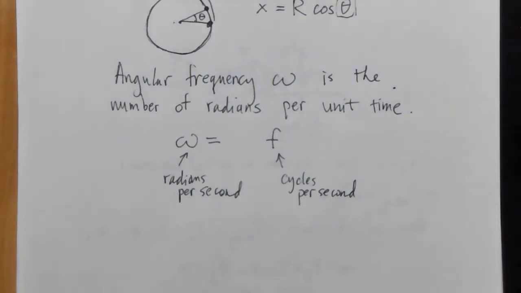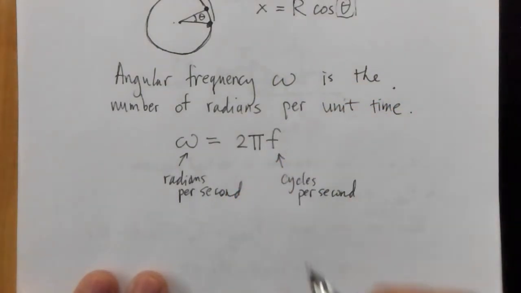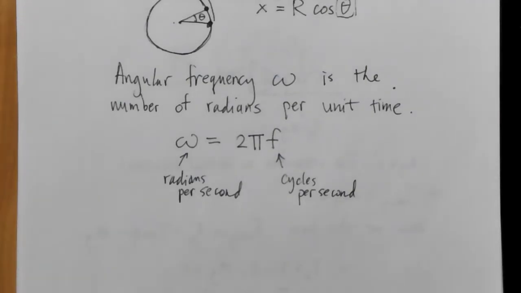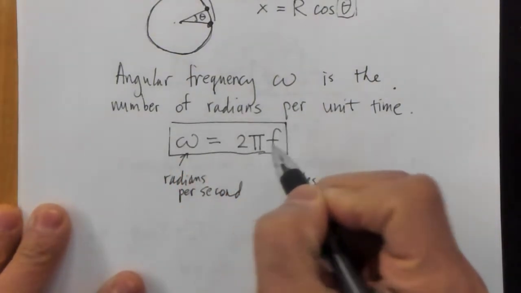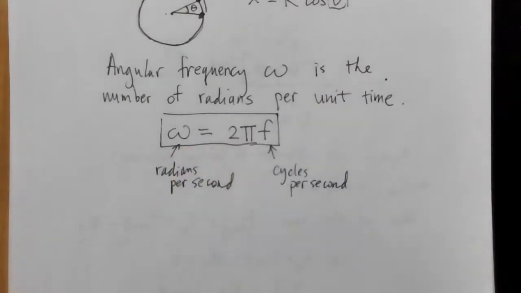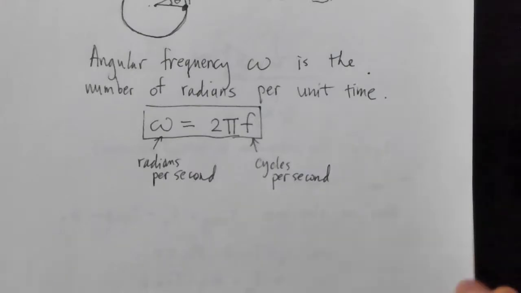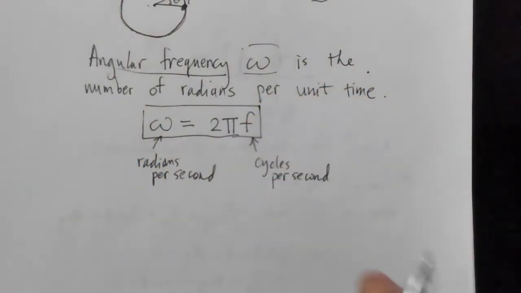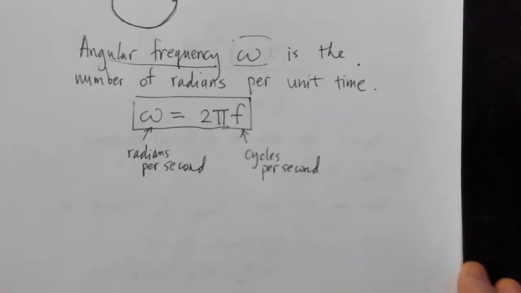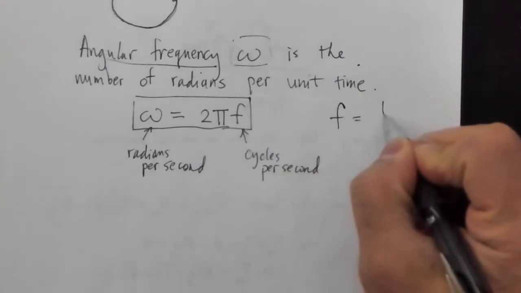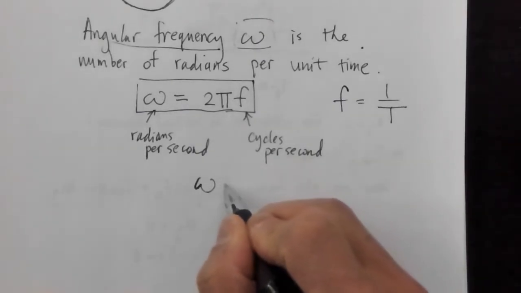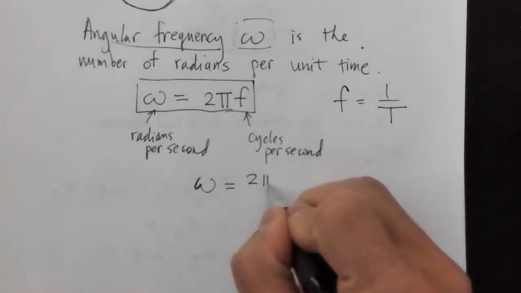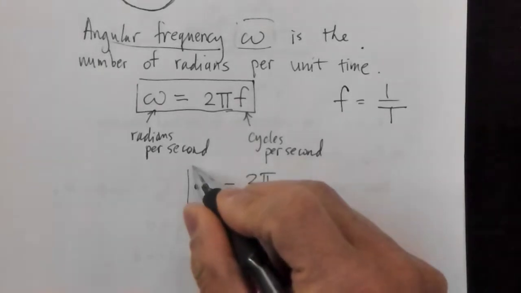Everybody's okay with that? Does that make sense? All right. So that's the connection between the small omega, the angular frequency, and the regular frequency f. Because f is equal to 1 over the period, that means omega, the angular frequency, is equal to 2 pi divided by capital T.